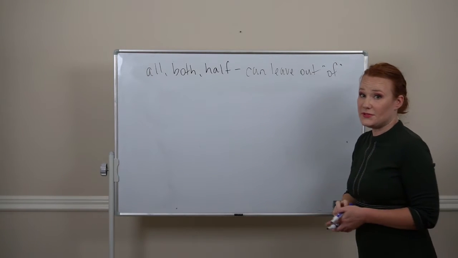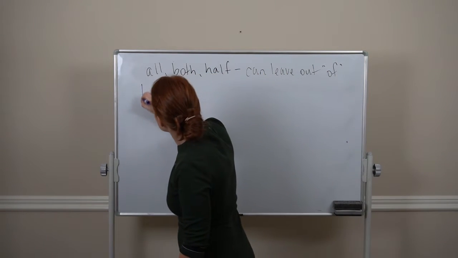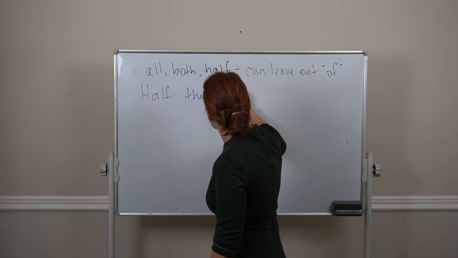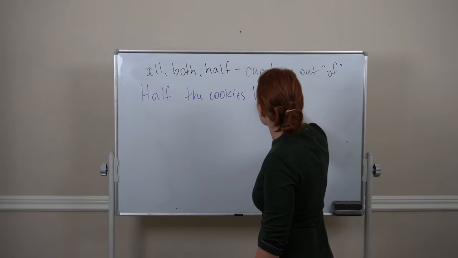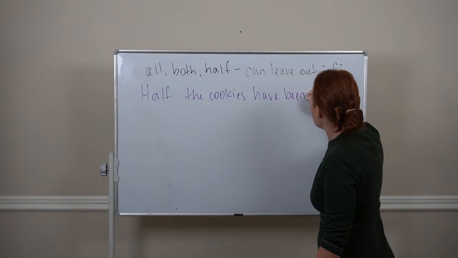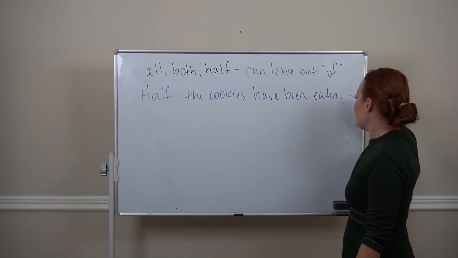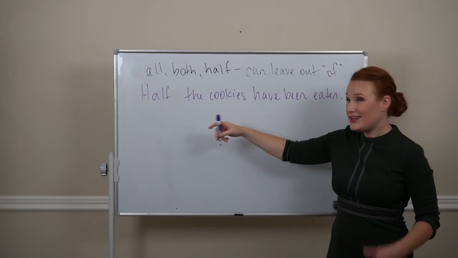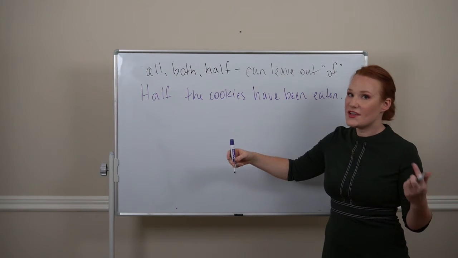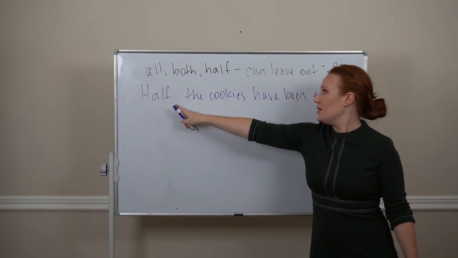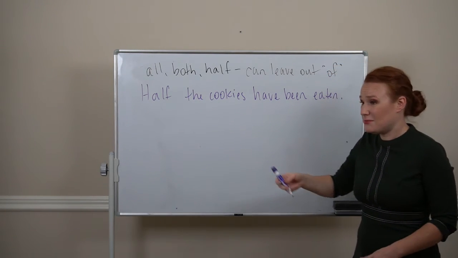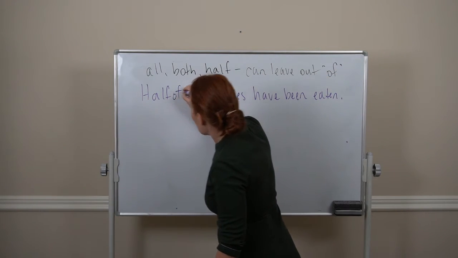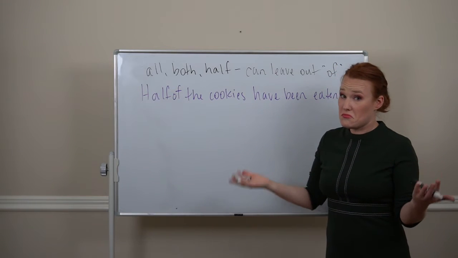So, for example, half the cookies have been eaten. This is fine. We have our article the before cookies. With most other quantifiers, we would need to add of. But with half, it's fine. We can put it in, we can take it out. Half the cookies have been eaten. Half of the cookies have been eaten. They're both fine.